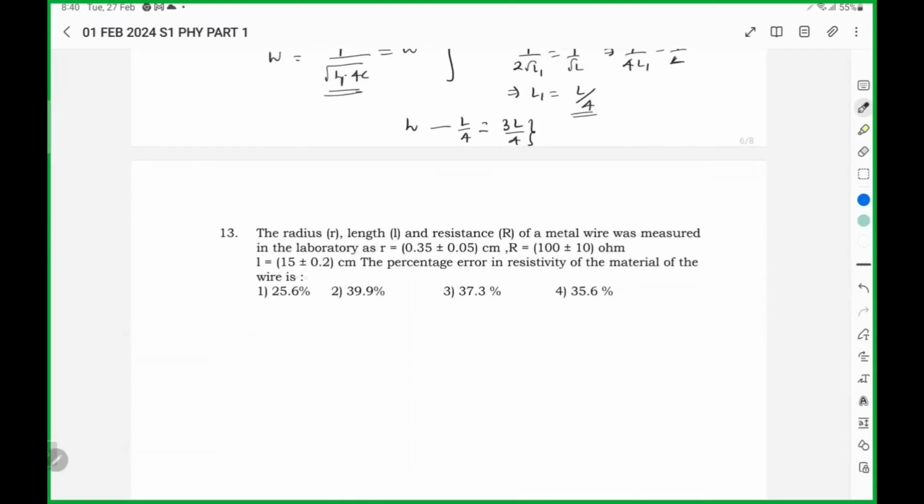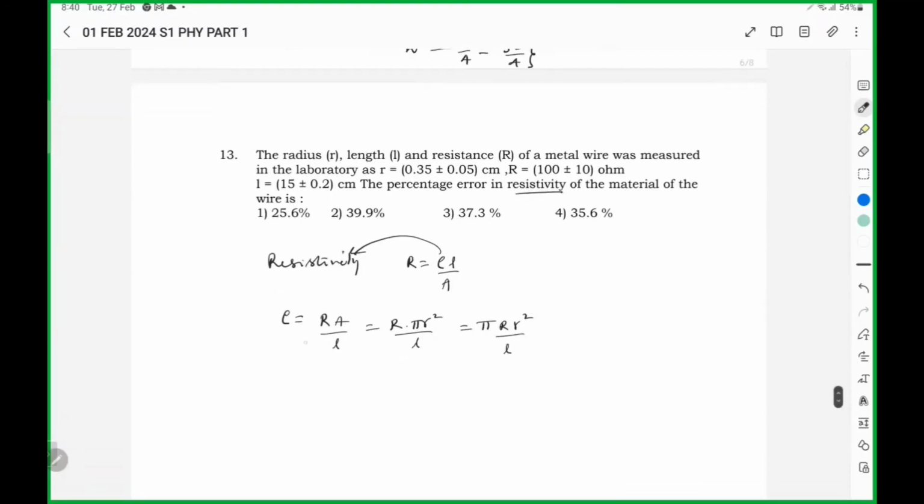The radius is measured; find the percentage error in resistivity. R is equal to rho L by A, where rho is resistivity, so rho is RA by L, R into pi R square by L. So here percentage error in resistivity is delta rho by rho into 100.